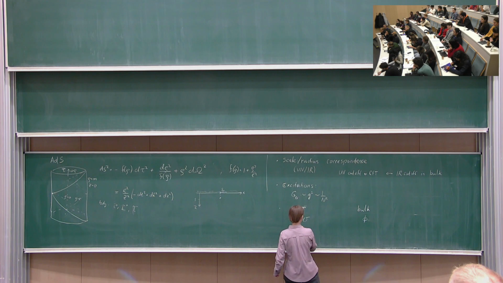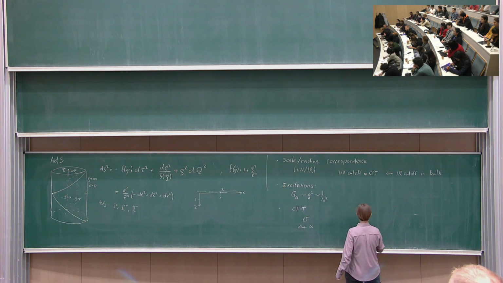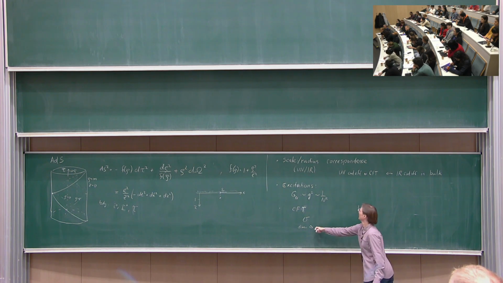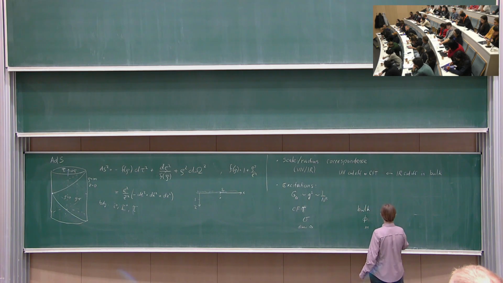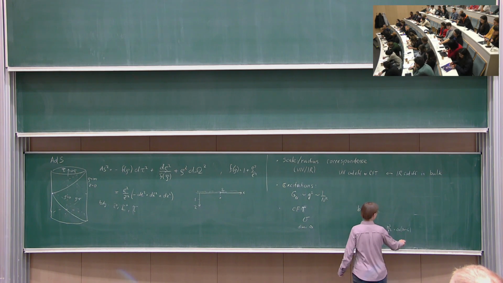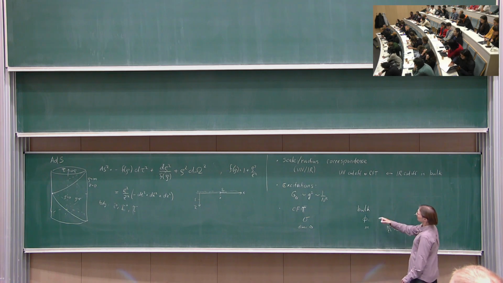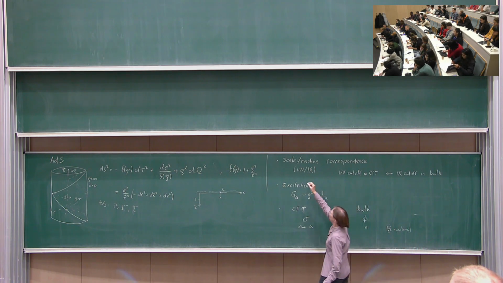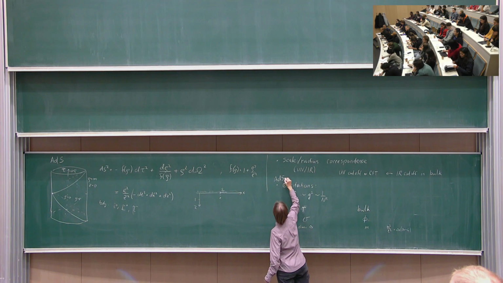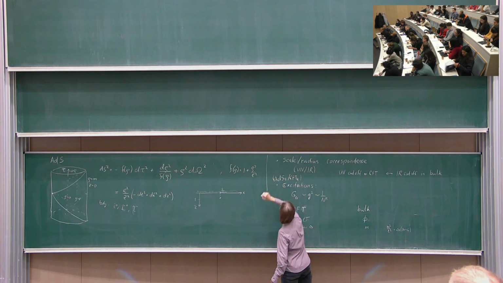So if the operator has scaling dimension delta, the bulk field has a mass. And there's a relation between the mass and the dimension. So m squared L squared is like delta times delta minus the number of dimensions. So let's say I'm now back in the AdS5 plus CFT4 context.